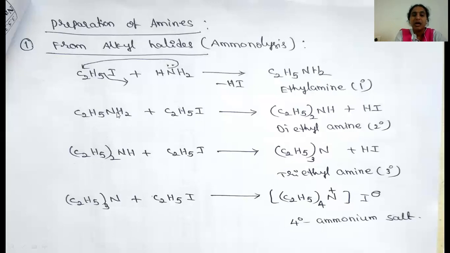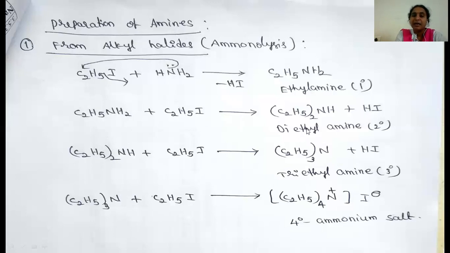Here also the nitrogen first donates its electrons to the ethyl group and gets a positive charge, and to neutralize this positive charge the nitrogen abstracts the bonding pair of electrons. So H is liberated as H plus, whereas I is liberated as I minus, and H plus and I minus are liberated as hydrogen iodide.